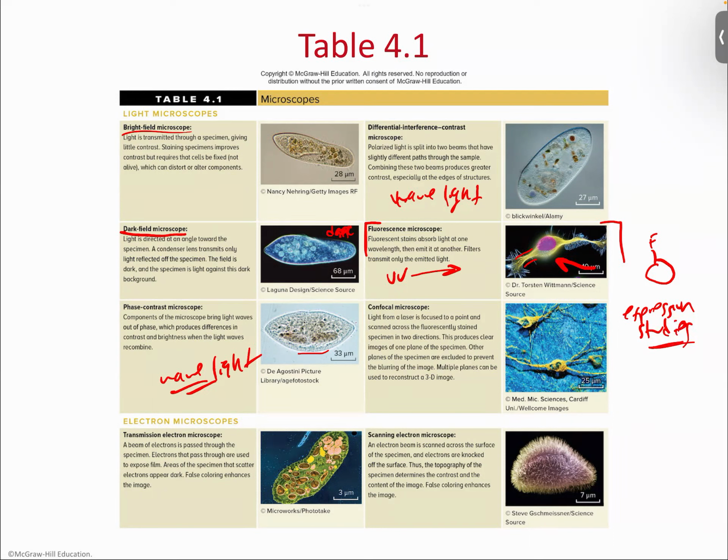Now, another version of this fluorescence is using lasers, because a laser is the ultimate focused light. Remember I said that the more focused the light is, the sharper and clearer the image. This is absolutely true in confocal microscopy, where instead of using a UV lamp to excite your fluorescent molecule, it actually uses a laser.